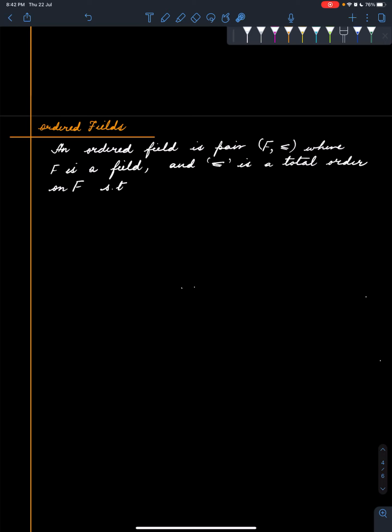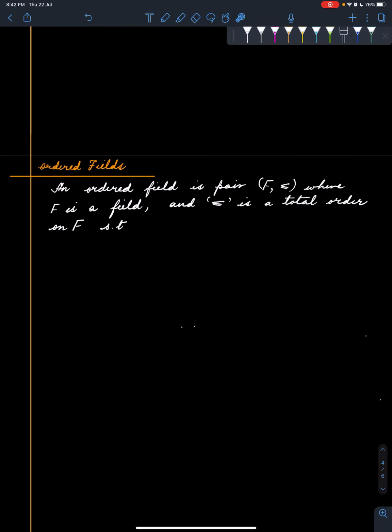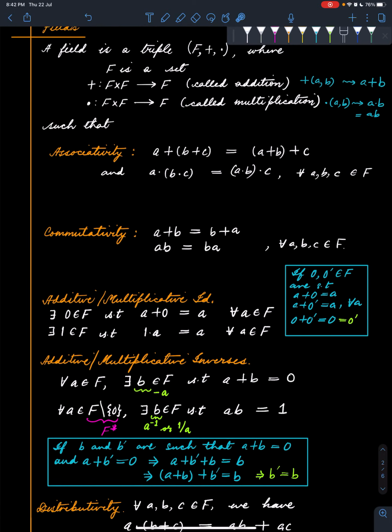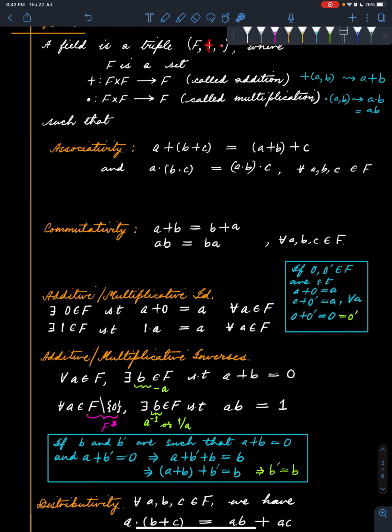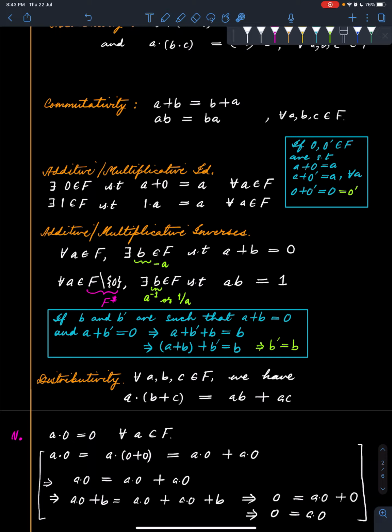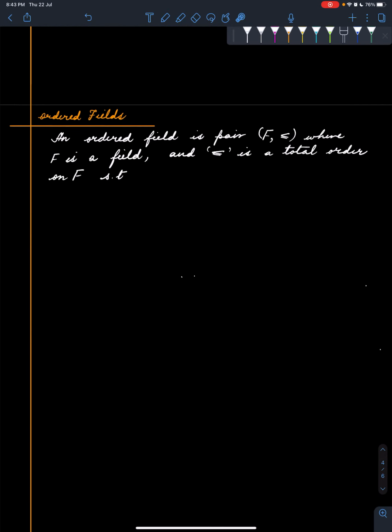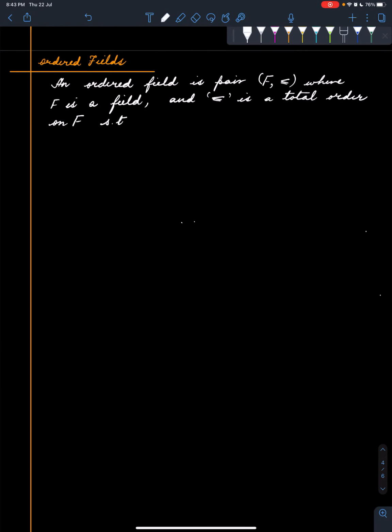So when we say F is a field, there is some plus and there is some dot which we just hide from notations, and this will be a common practice throughout. So here, as we defined, well, a field is a triple blah blah blah, but we just simply write F and understand that there is a plus and there is a dot hidden from view.